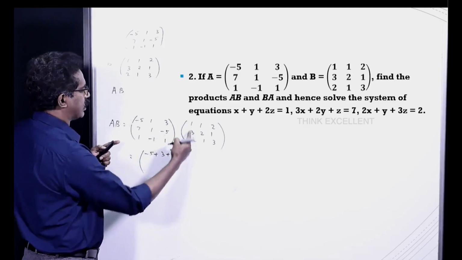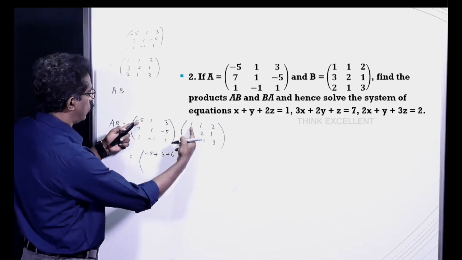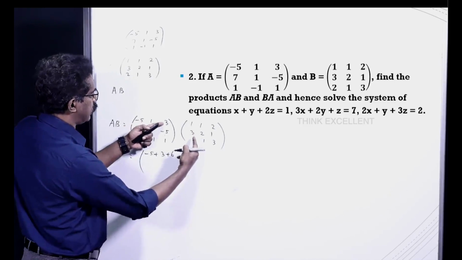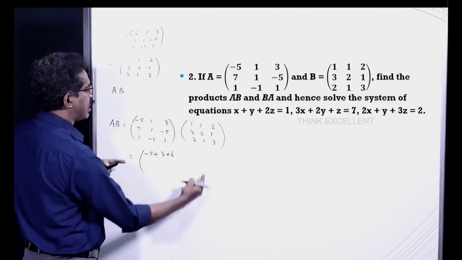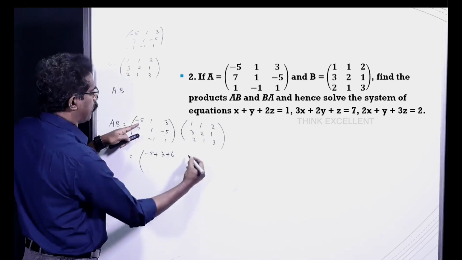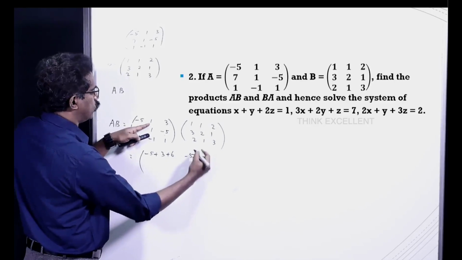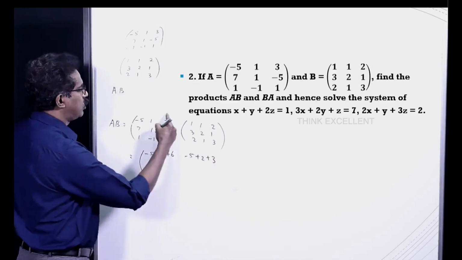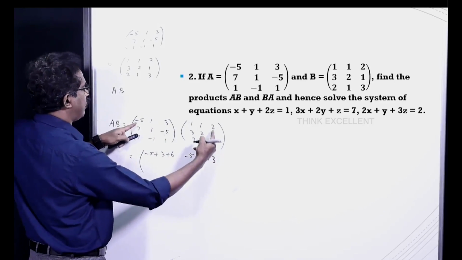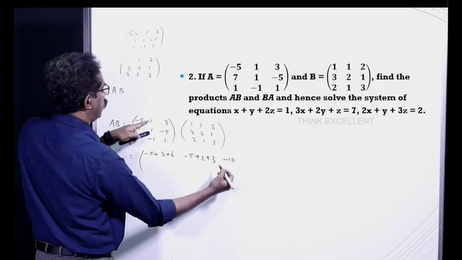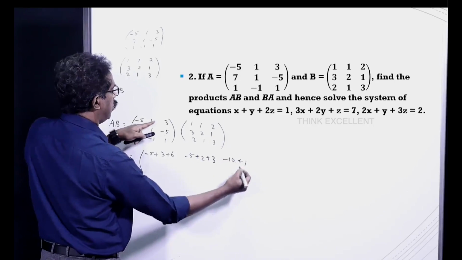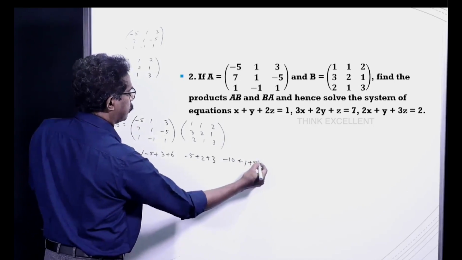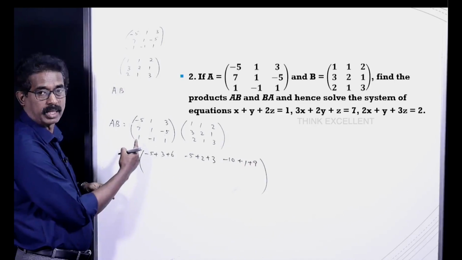Now first row, second column: -5 into 1, -5. 1 into 2, 2. 3 into 1, 3. First row, third column: -5 into 2, -10. 1 into 1, 1. 3 into 3, 9. Now come to the second row.